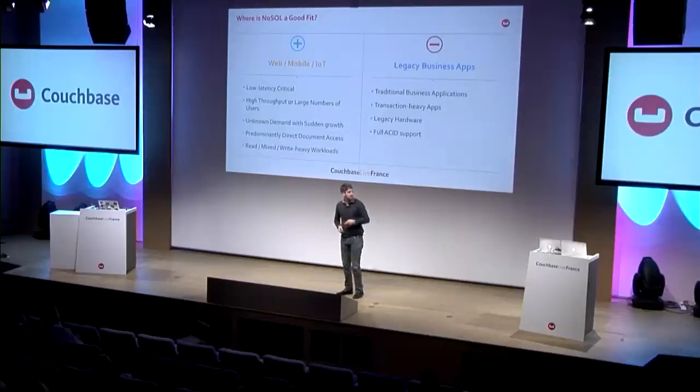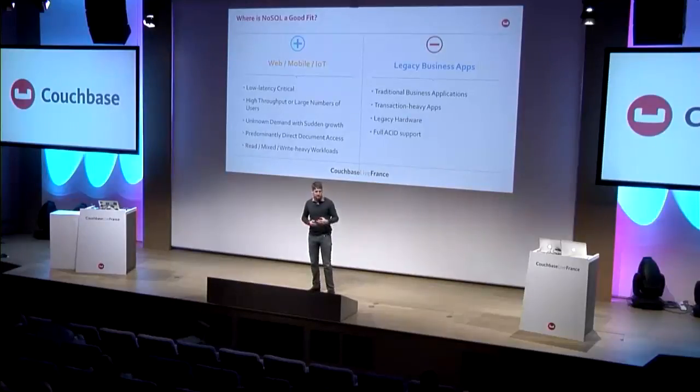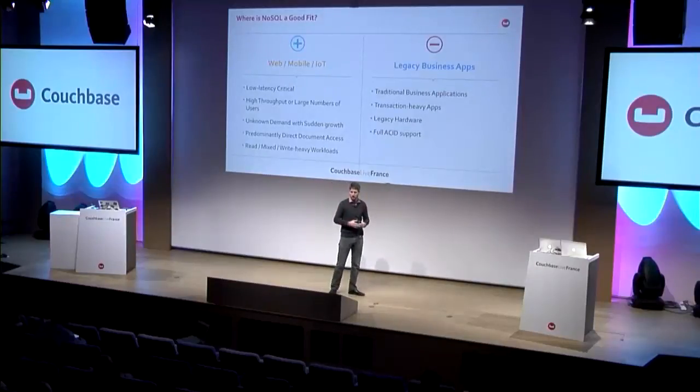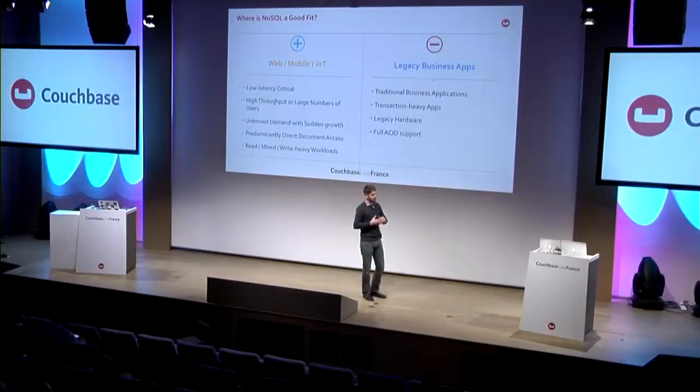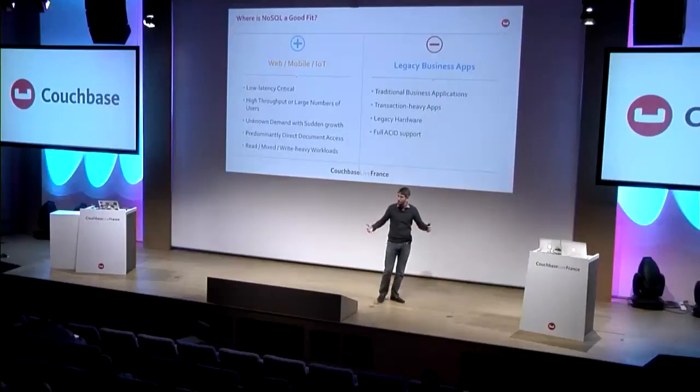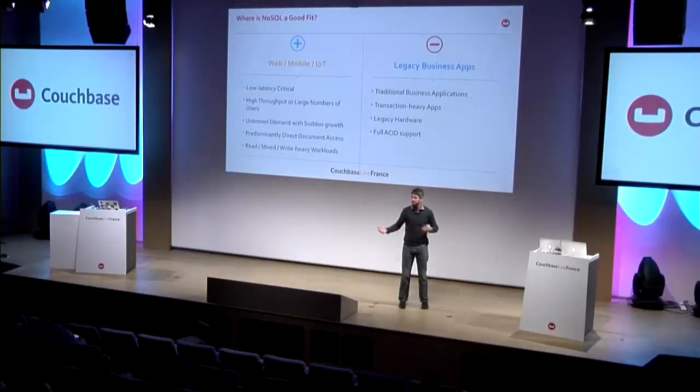And so there on the left, the web, mobile, IoT applications that our CEO Bob talked about earlier today, looking at latency criticality, the throughput, the numbers of users that need to consume the data that you're serving, the ability to scale out. Sometimes unknown demand comes in spikes, the ability for the system to absorb that or scale out to handle it.